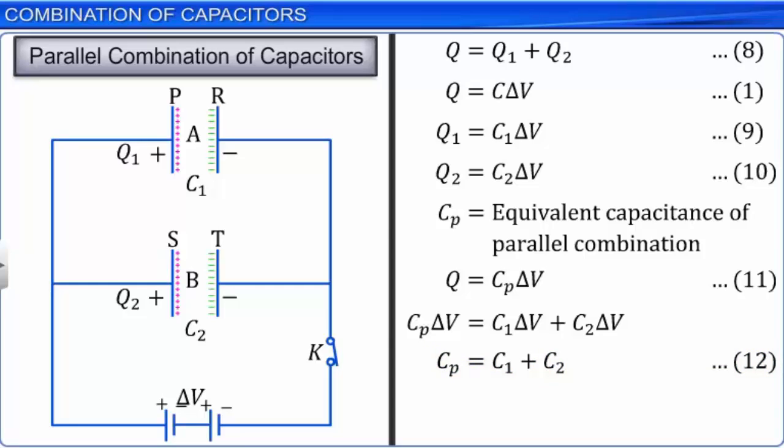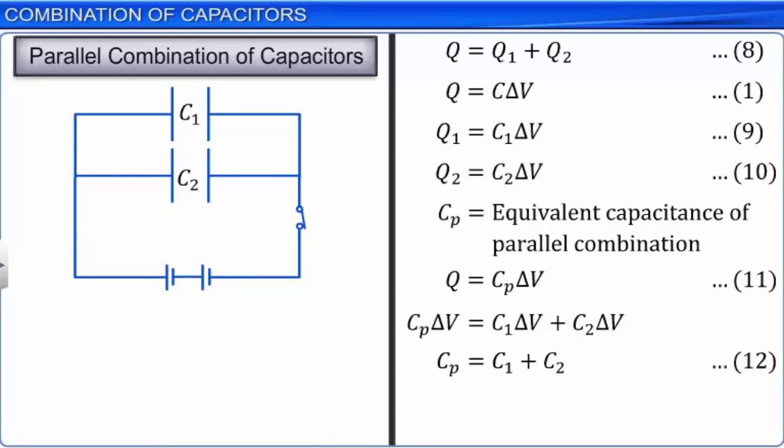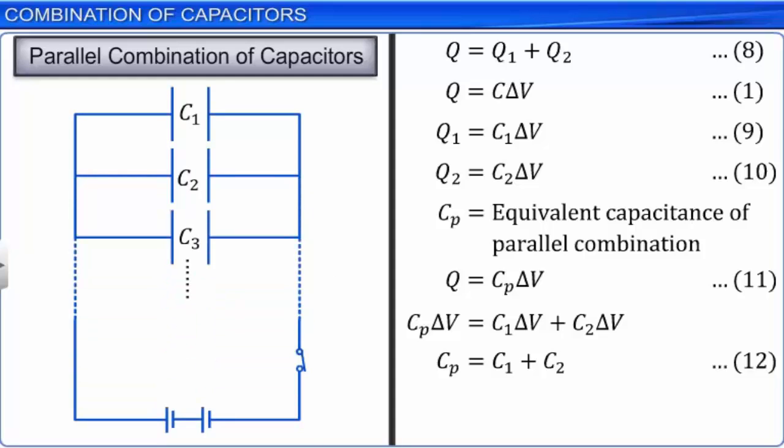If n number of capacitors with capacitances C1, C2, C3, and so on, up to Cn are connected in parallel, then the expression for equivalent capacitance of the combination Cp is given by Cp is equal to C1 plus C2 plus C3 plus so on plus Cn. Let this be equation 13.